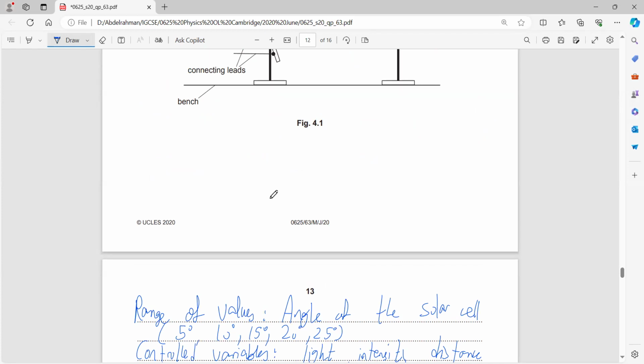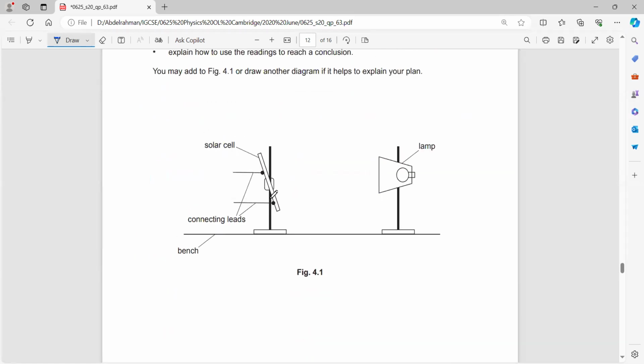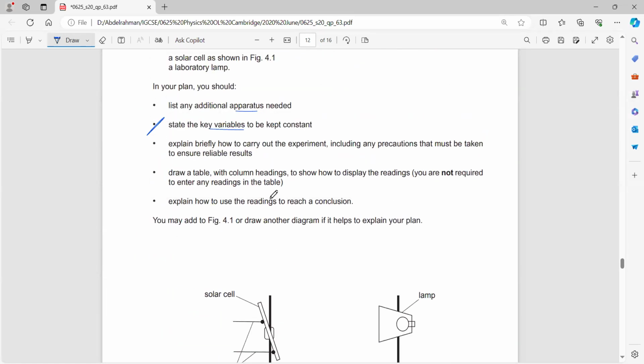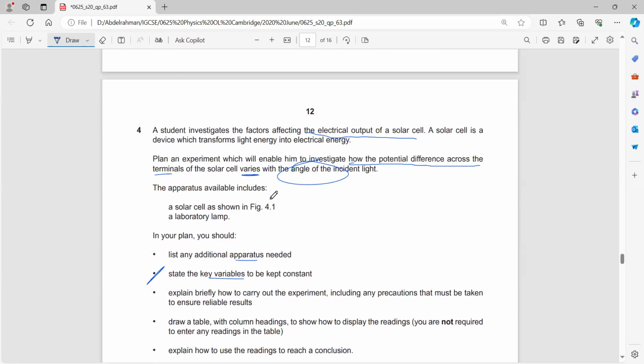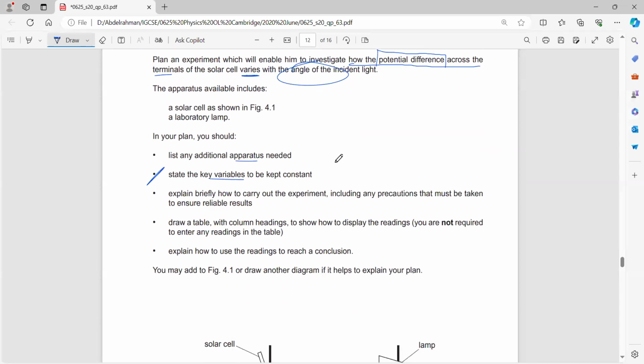We do not need an ammeter in this question because I'm not measuring the current. He stated very clearly that I need to measure the potential difference, not the current, and I'm not going to measure the resistance. I'm going to measure the potential difference, for which I require the voltmeter alone. Any additional apparatuses, we write them down.